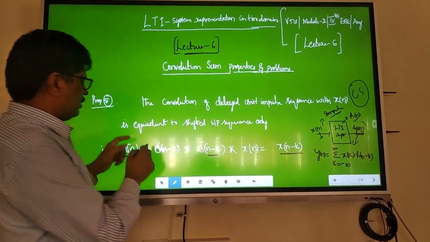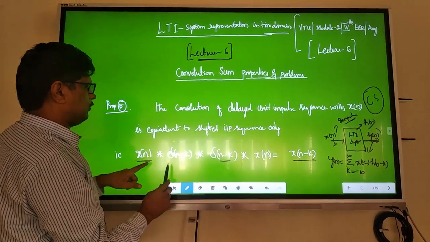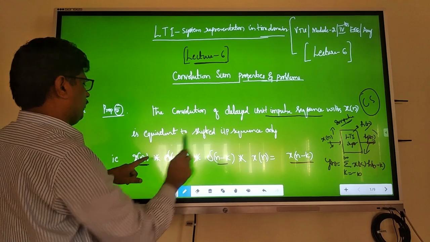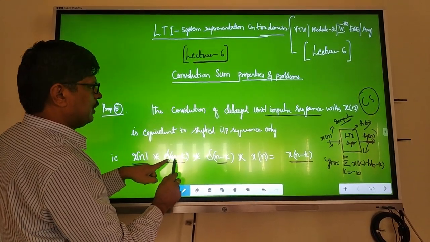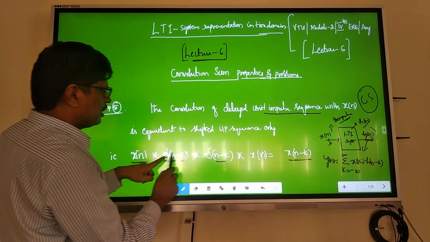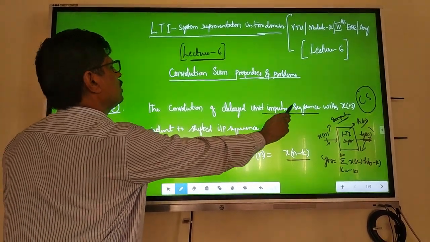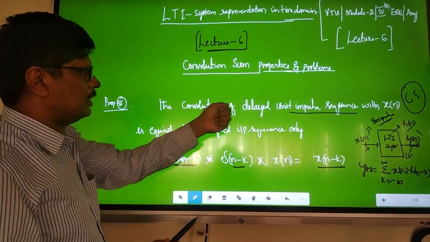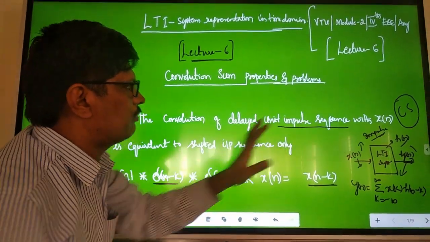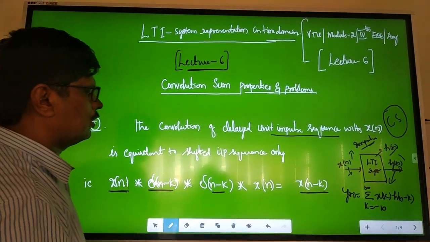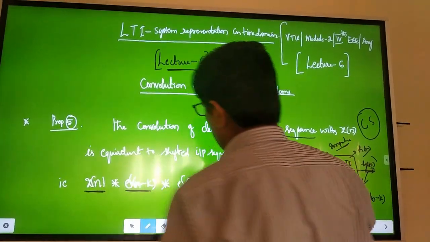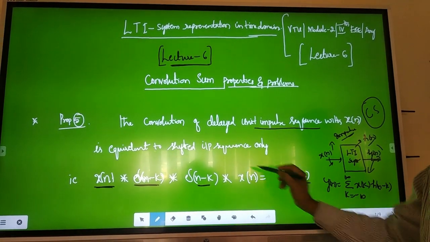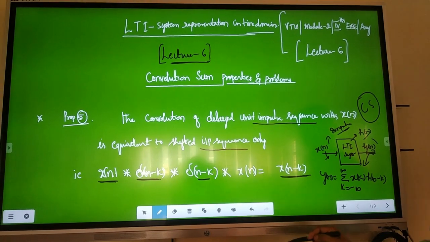The property says: take a sequence x of n and convolve it with a delayed unit impulse sequence, delta of n minus k. The convolution of the delayed unit impulse sequence with x of n is equivalent to the shifted input sequence only.